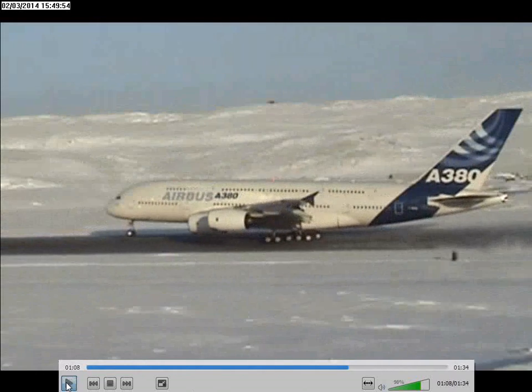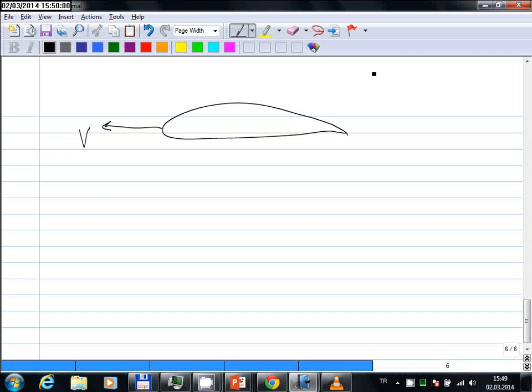And as you see here, the wing keeps moving through the air. So this is what's really happening for an observer fixed to the earth.